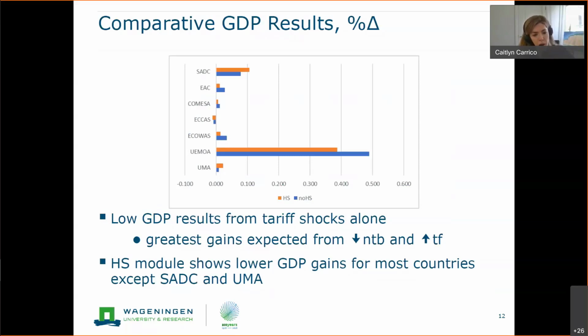Okay, so also, now if we look at the comparison between the HS module and the standard module without HS, the HS module scenarios show relatively lower GDP gains for most countries, with the exception of SADC and UMA. And we'll talk a little bit about that.